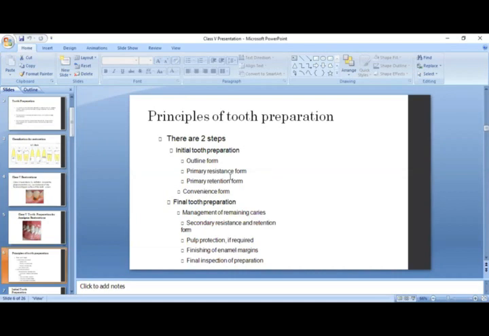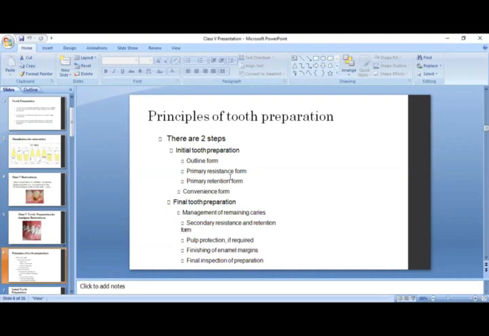Second is the retention form. Retention form means that if we place the filling material into the cavity, that filling won't be dislodged or come out from the cavity which you already prepared, right? So what is the difference between the resistance and the retention form?